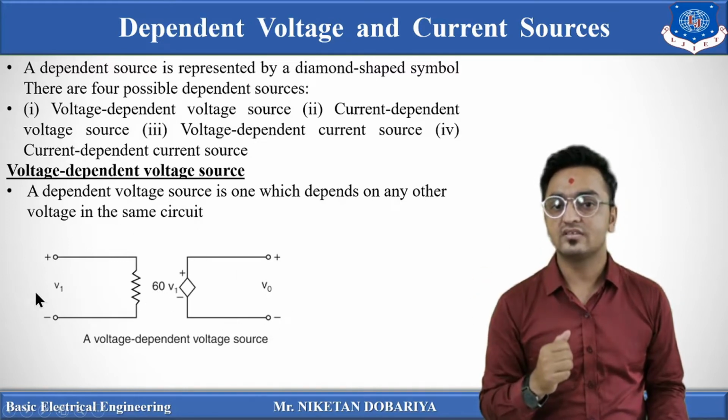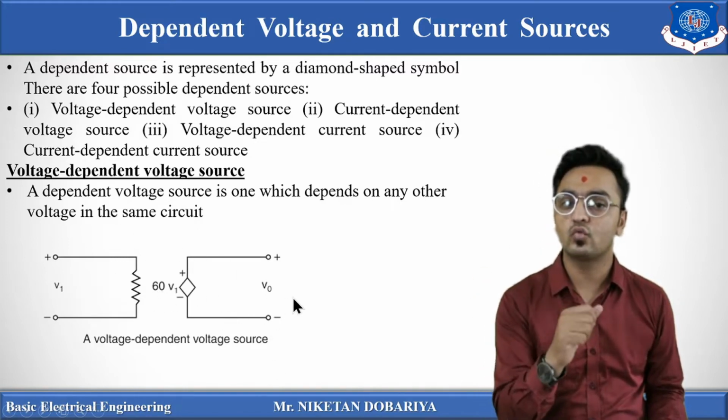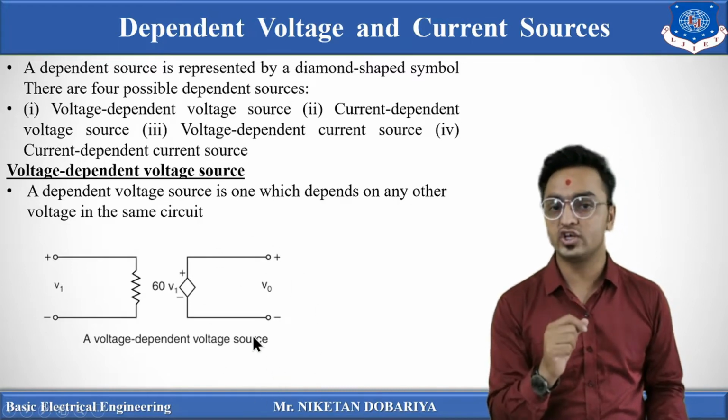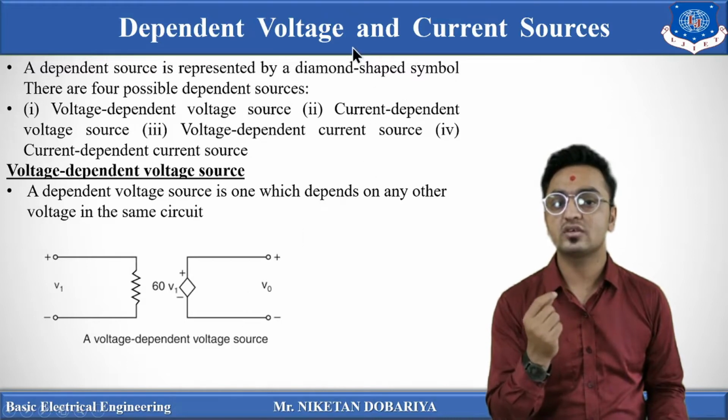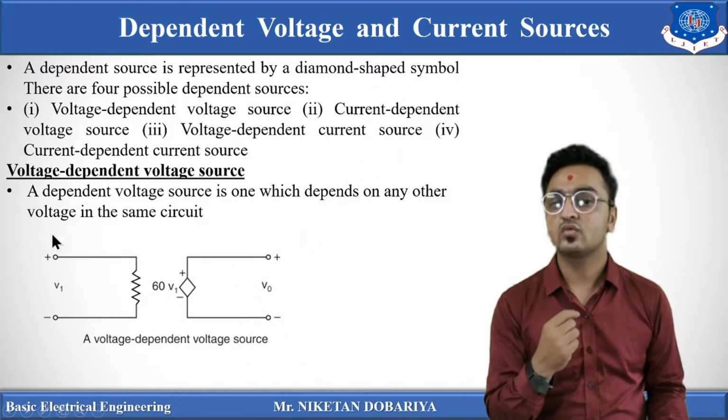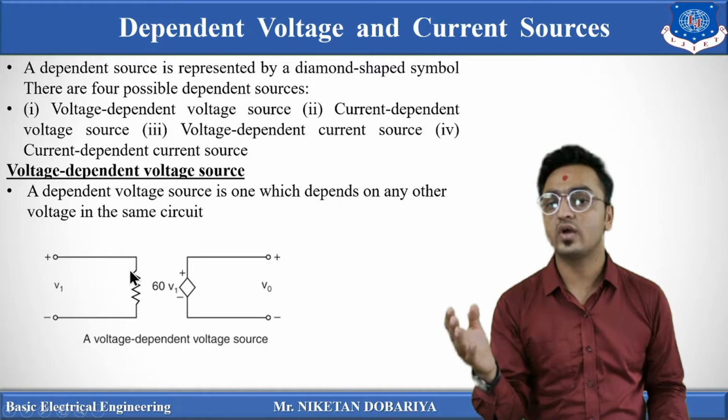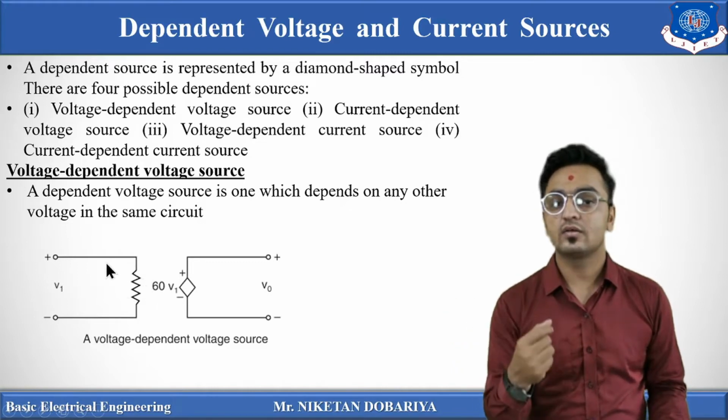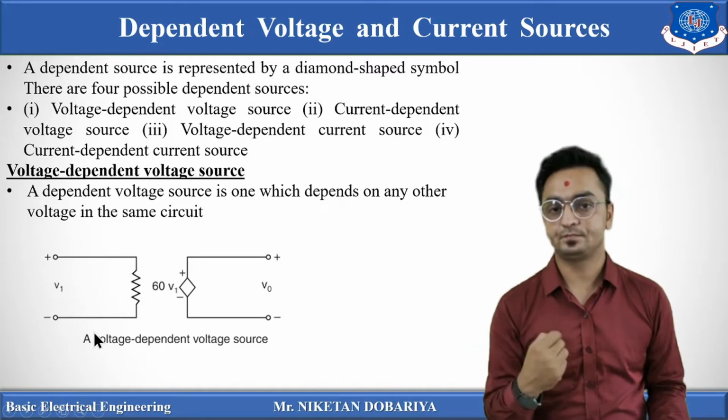Here we are getting the output voltage. As mentioned, this is in diamond shape. Now this is another part of the circuit where we have a resistor, and the voltage across this resistor is V1.